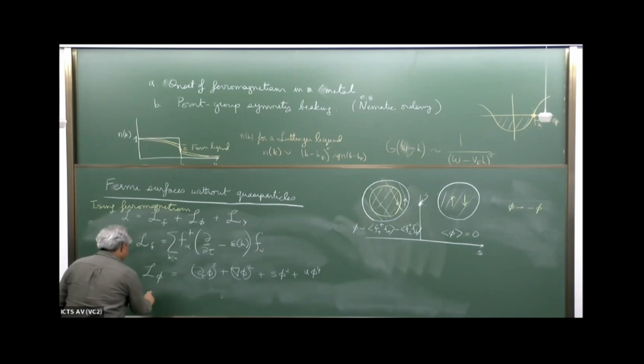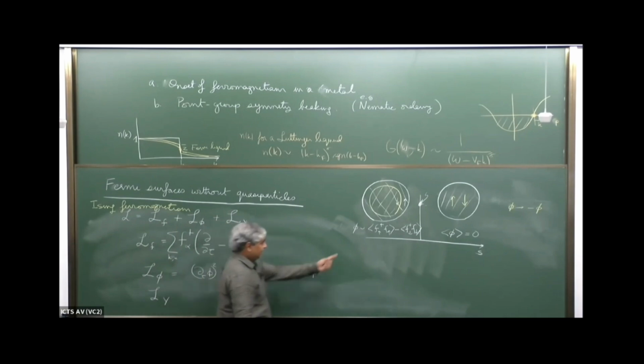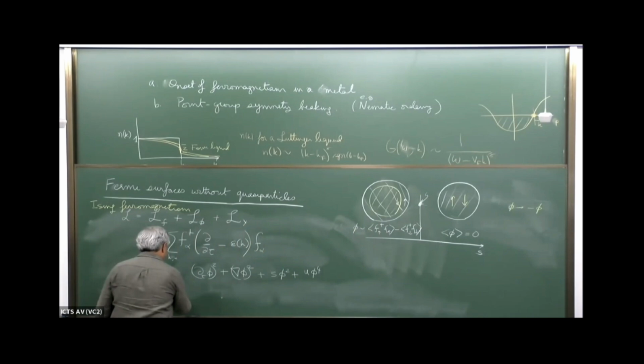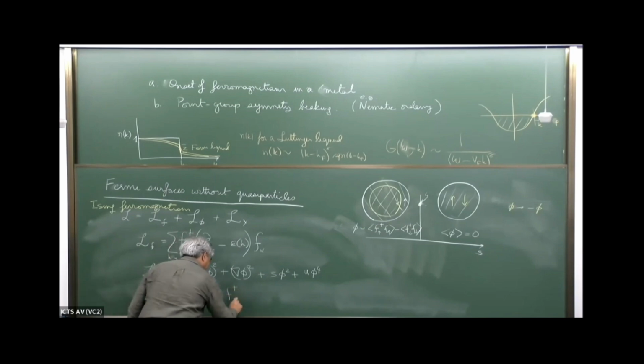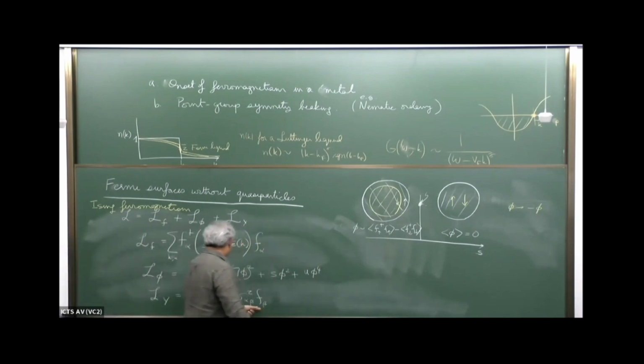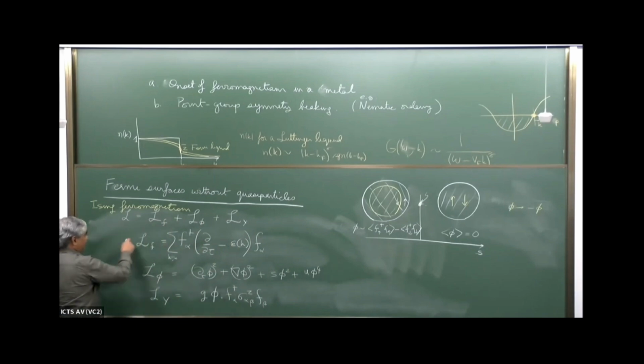But that's not the answer, of course, because these two degrees of freedom are coupled, and the coupling is basically a coupling between the fermion side and the boson side: g phi f dagger alpha sigma z alpha beta f beta. Sigma z is just a diagonal matrix, 1, -1. That's exactly this object here. And there it is. So this is the theory that we're going to study.